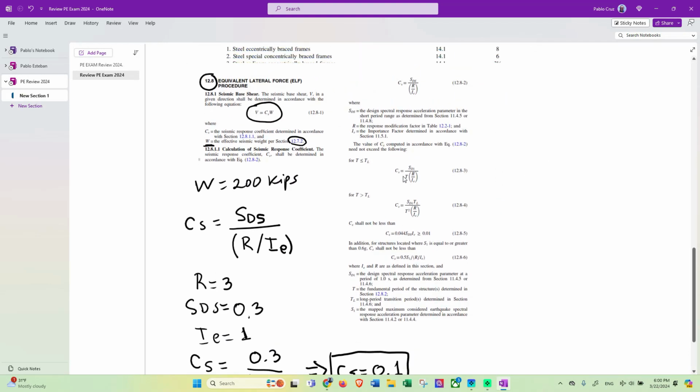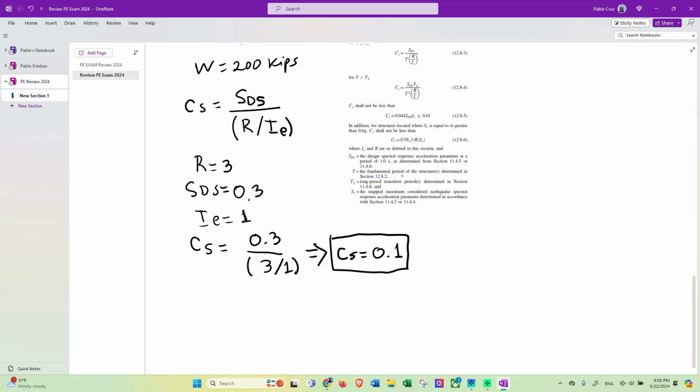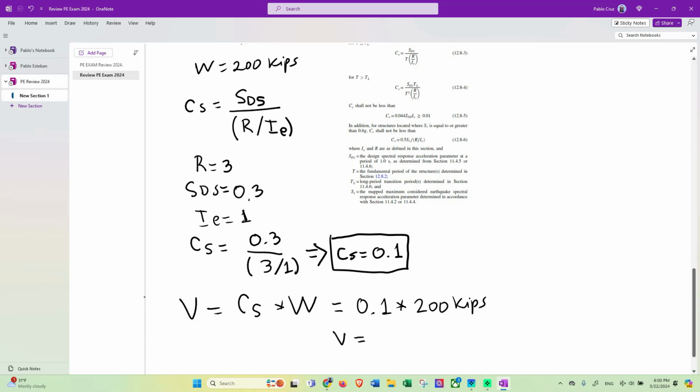The seismic base shear following the equivalent lateral force is V, equal to the CS factor times the seismic weight, W. In this case, 0.1 times 200 kips. So V is going to be equal to 20 kips. That's the answer we are looking for.